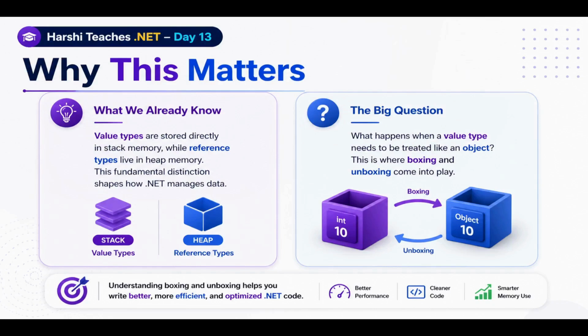And when that happens, it moves from stack to heap and behaves like a reference type. That's where boxing comes in. And when we want that value back again, it moves from heap to stack and that's called unboxing. So this concept is really about how data moves between stack and heap and how that affects memory and performance. Once you understand this, you will clearly know what's happening behind the scenes in .NET.